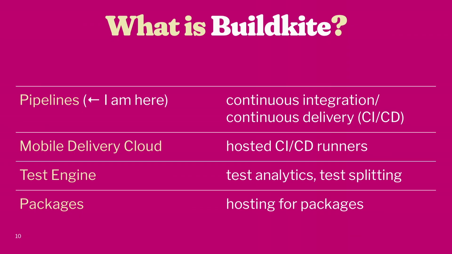Test Engine do things like test splitting, so you've got a lot of unit tests in your project. You want to spread them across your runners or your agents. The test splitter can help you there. And they can also point out flaky tests over time. And there's also Packages. So they host things like Debian packages, Red Hat packages. They're working on container images, that kind of thing.